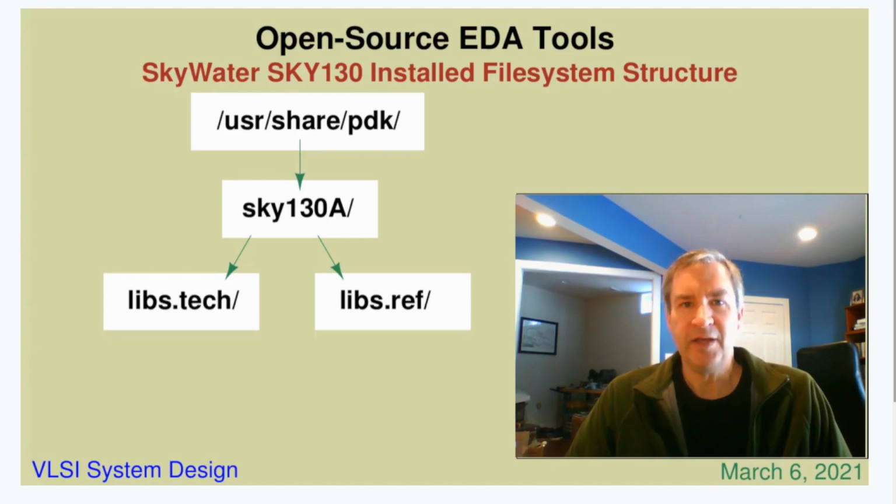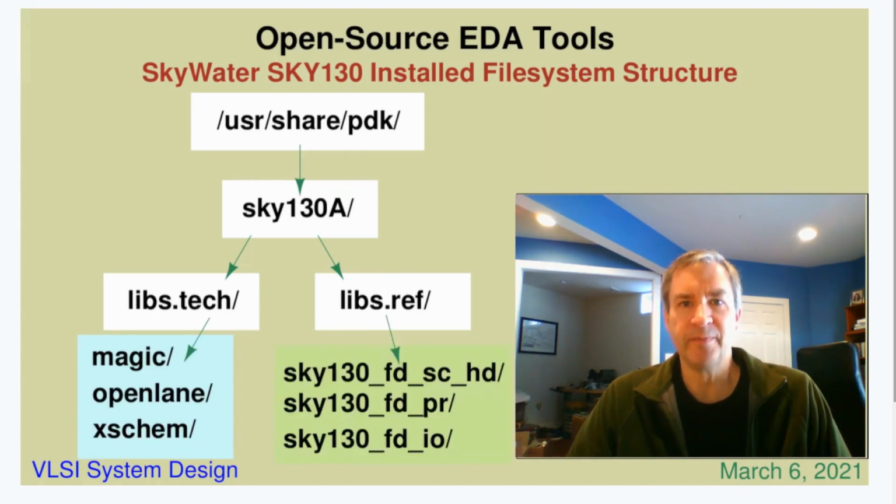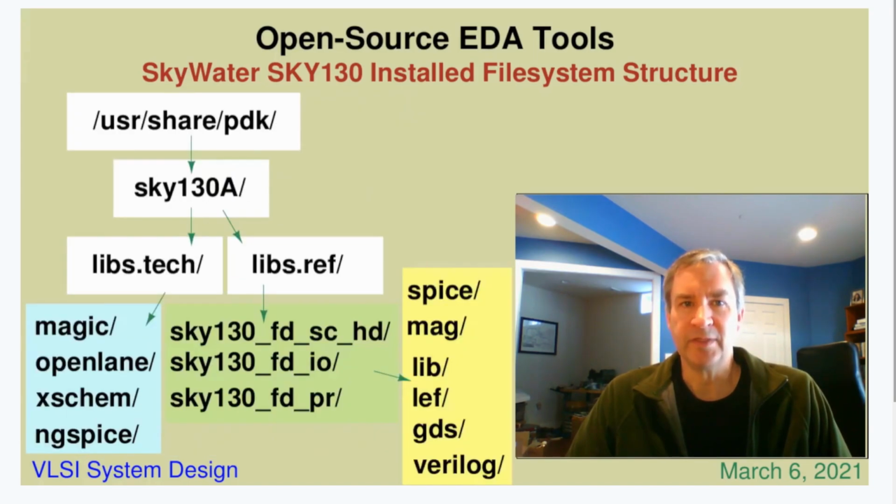Under the main PDK directory are 2 subdirectories, libs.tech and libs.ref. Libs.tech contains all subdirectories for the open source EDA tool setups, and libs.ref contains reference libraries. So libs.tech has subdirectories with tool names like Magic, OpenLane, Xschem, etc. And libs.ref has subdirectories with the library names.